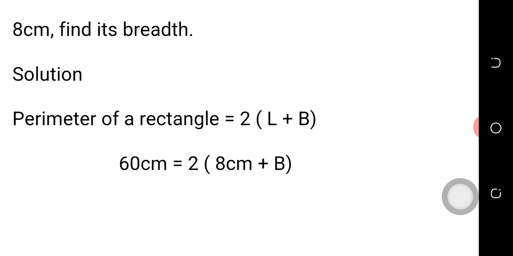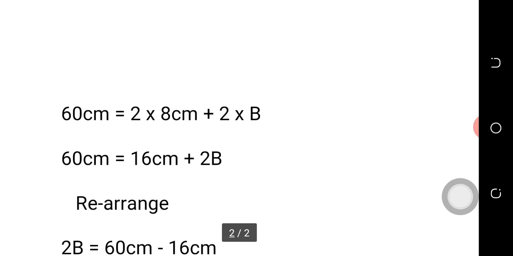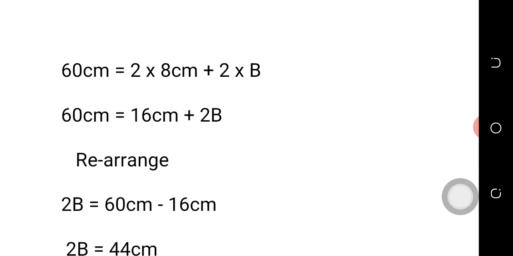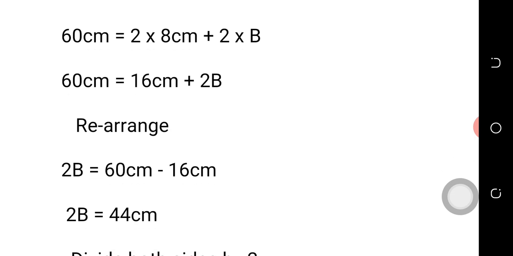Take the 2 outside to multiply what is inside the bracket one by one. Therefore, 60 centimeters equals 2 times 8 centimeters plus 2 times breadth. By multiplication, 2 times 8 gives us 16 centimeters, while 2 times breadth gives us 2 breadth. Therefore, 60 centimeters equals 16 centimeters plus 2 breadth. By collecting like terms, 16 centimeters can be subtracted from 60 centimeters in order to get 2 breadth.